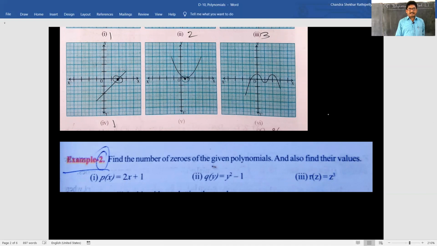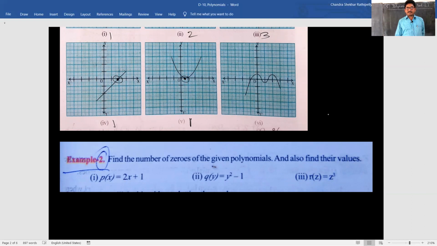Cutting or touching is the same. So the zero of this polynomial graph is 1.